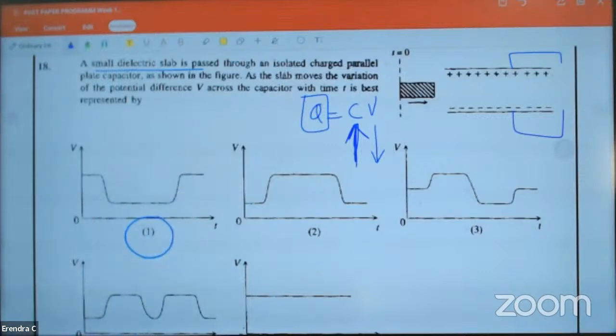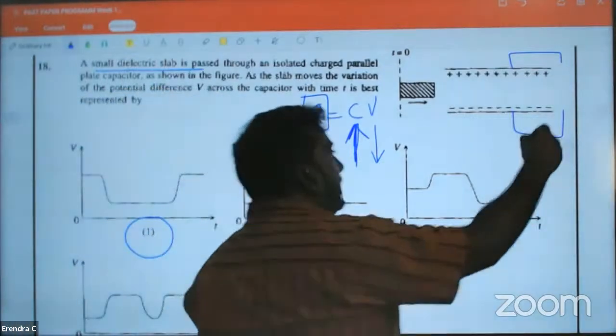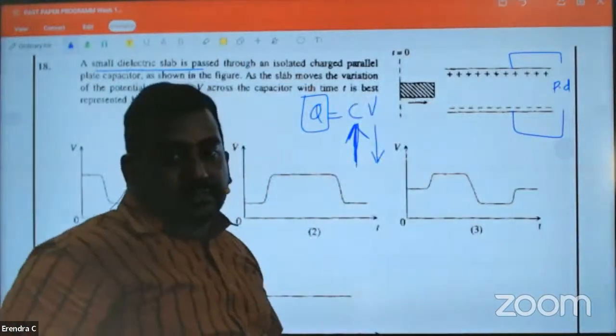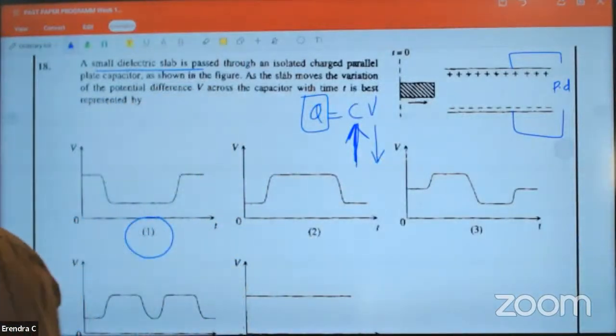Right there. When the dielectric enters, the capacitance will increase.